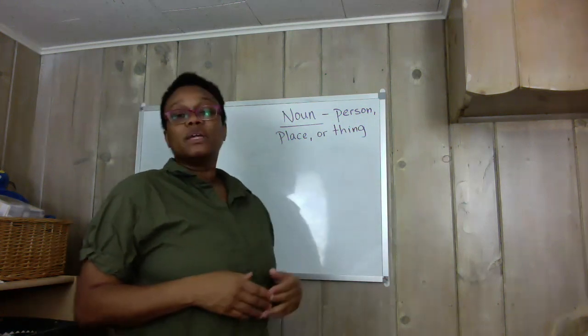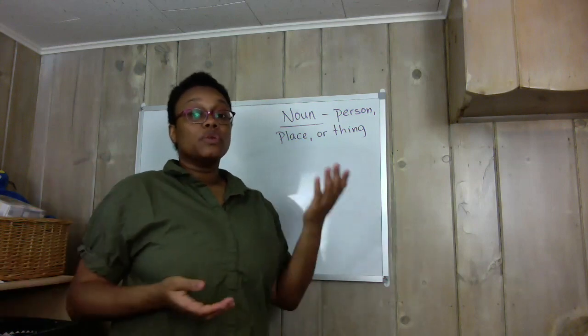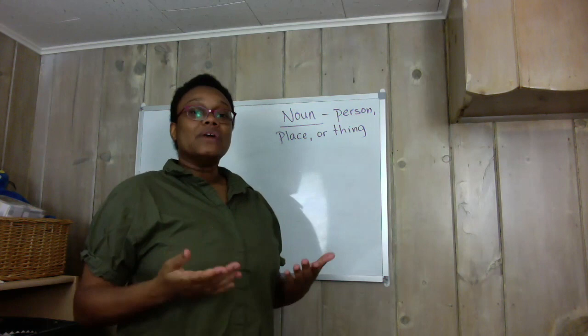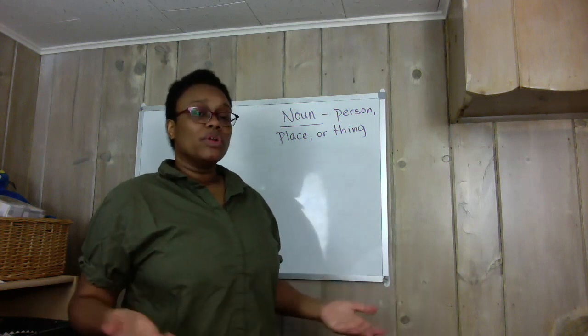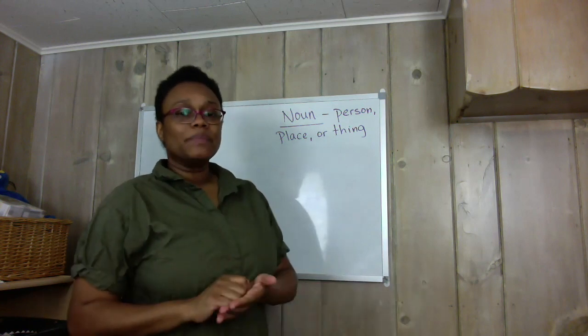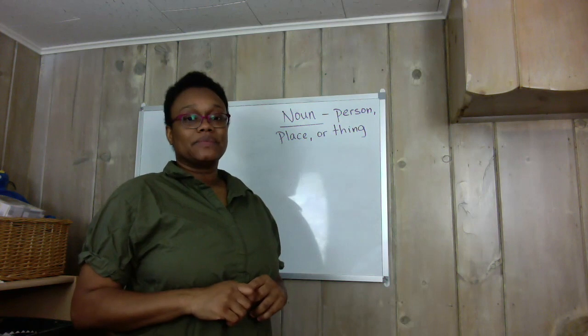A thing can be a light, a bookcase, a computer. Nouns are very important in the English language because in order to form a sentence, whether you're talking or whether you're writing something down, you need to have a noun in that sentence.